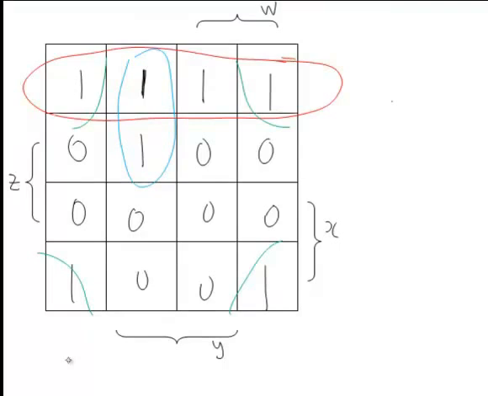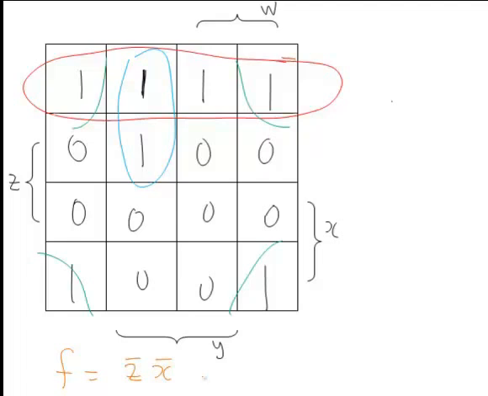First looking at the red 4 square that we circled, which was across the first row here. What is that first row? Well, all of that first row is in Z bar, and all of that first row is also in X bar. So therefore that row is going to be written as Z bar X bar. Look at our other 4 square that was in green in the corners.